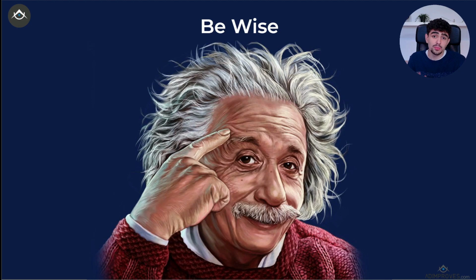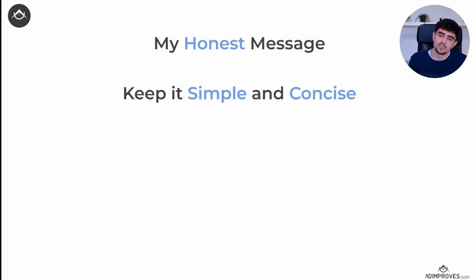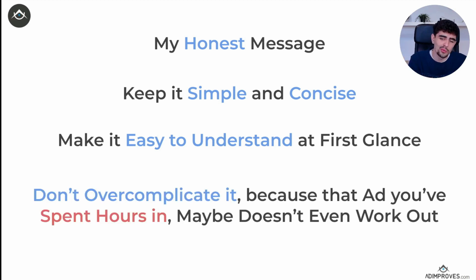And you'll have to be wise and run ads where, within a second, they know the offer, basically your services and everything related that could grab their attention, stop their scrolling, and read your services. So my honest message here: keep it simple and concise. Make it easy to understand at first glance. Do not overcomplicate it.